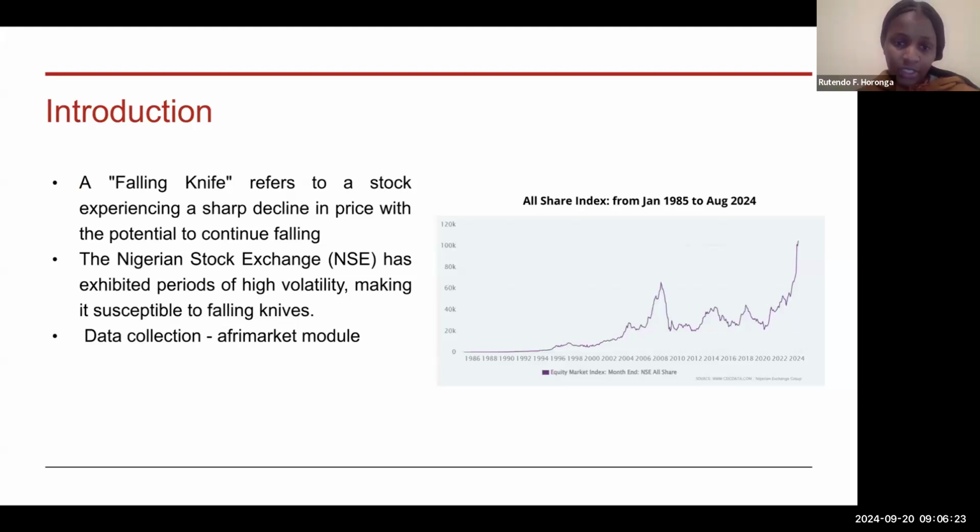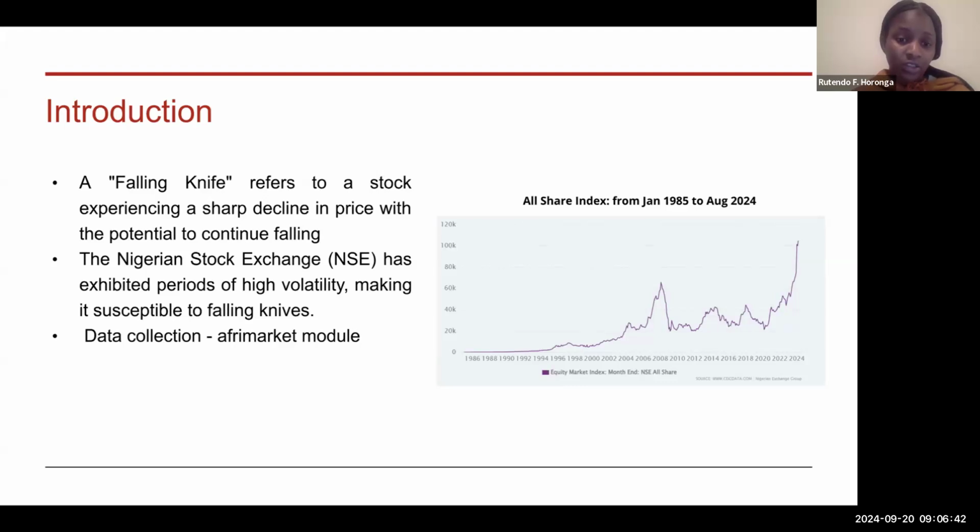So firstly, on defining the falling knife, the definition that we went with refers to a stock that is experiencing a sharp decline in prices, with the potential to continue falling.